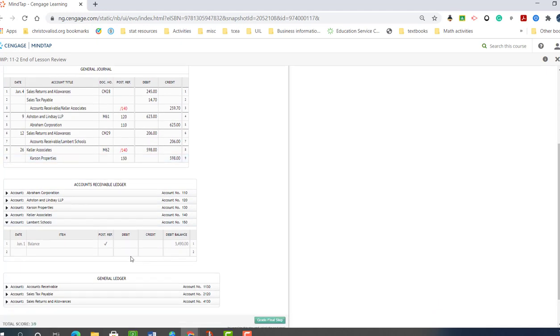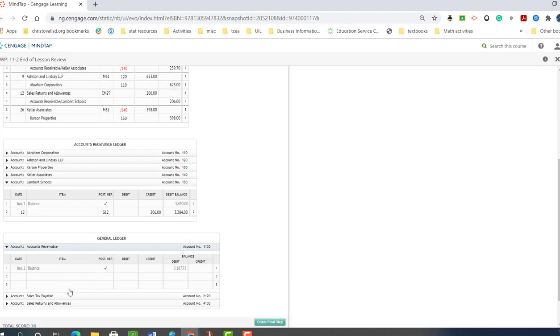Last one for those is Lambert Schools. And Lambert Schools was the transaction from the 12th. And this was our general page 12. And on Lambert Schools, we had a credit amount of $206. And that brings our balance down to $3,284.